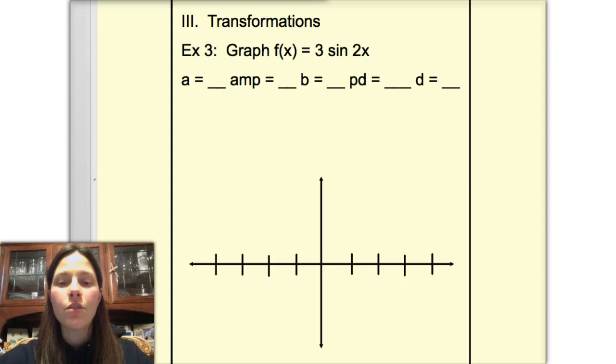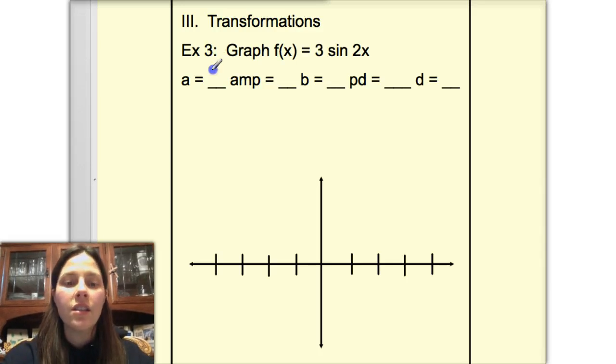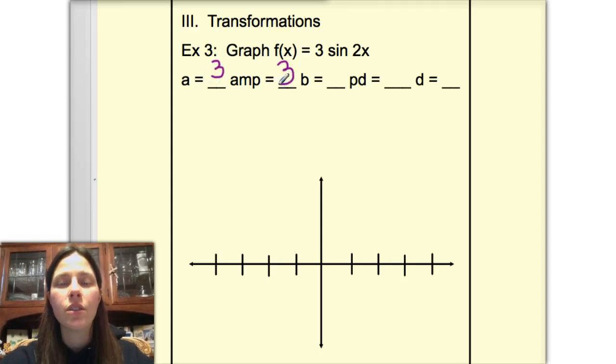And one thing that you might want to do is organize the information that the equation is giving you so that you can identify the amplitude, you can identify the period, and you can identify any vertical shift. So the a value, what you're multiplying in front of the function, is what gives us our amplitude. 3 is already positive, so our amplitude is 3. So that will stretch our sine function from a minimum of -3 to a maximum of +3.